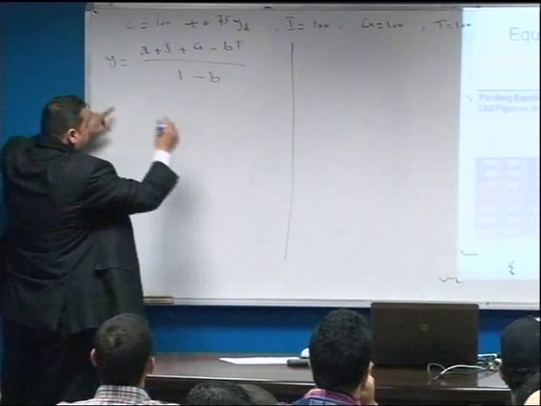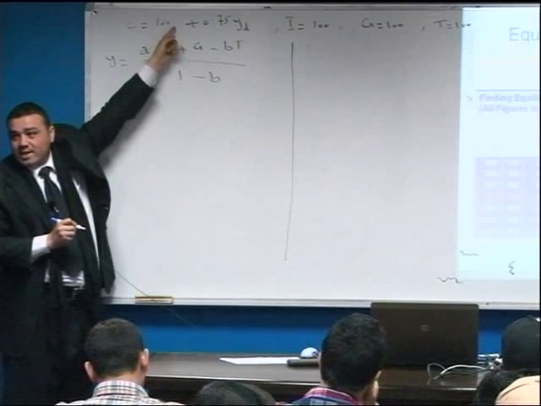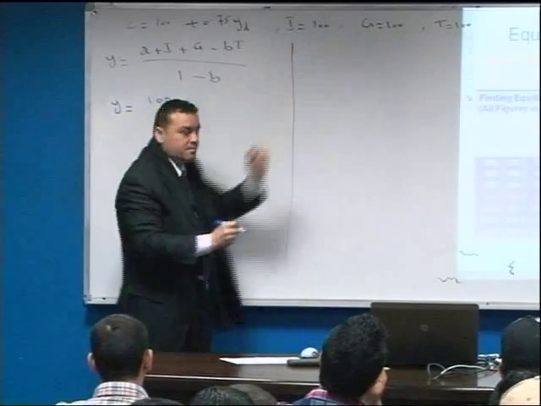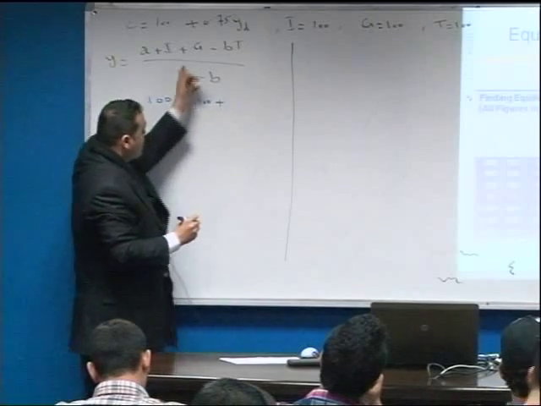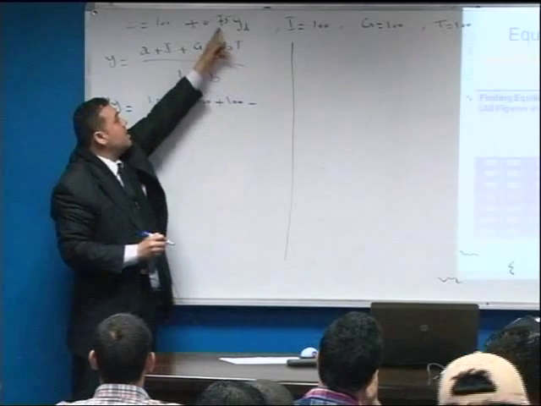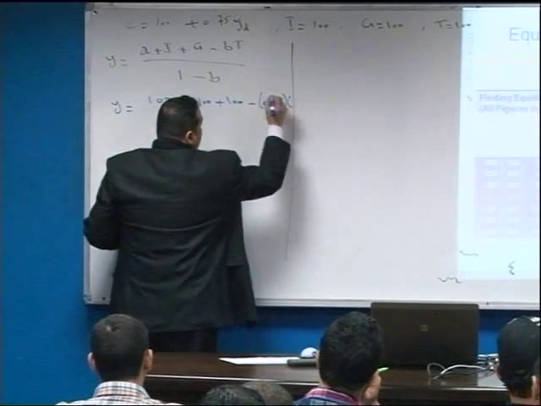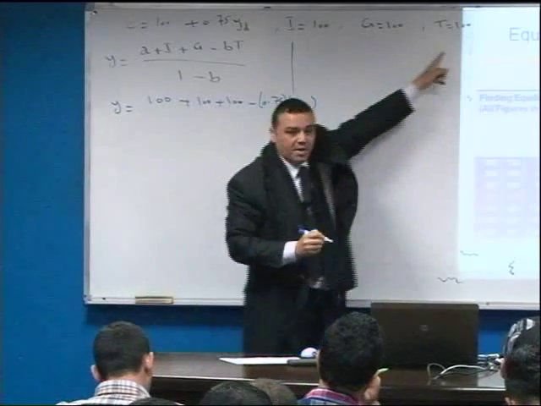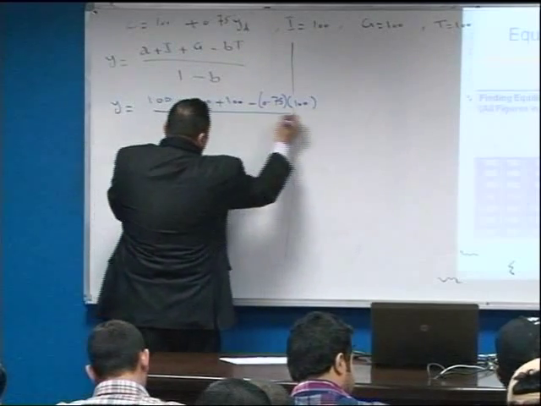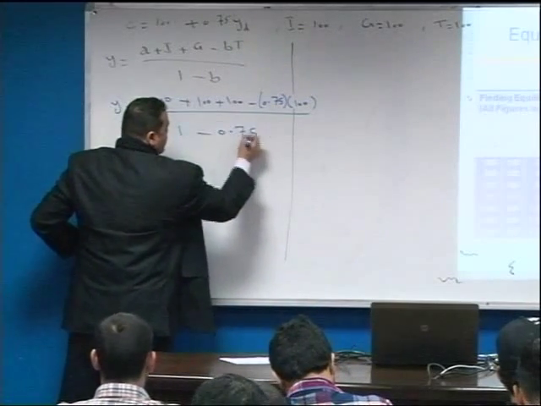Y equals, A equals how much? 100 from this formula, A equals 100, plus I 100, plus G 100, minus beta T. Beta is the MPC, which is 0.75, times T, the tax, which is 100, given. Over 1 minus 0.75.